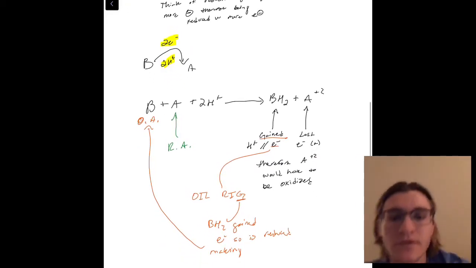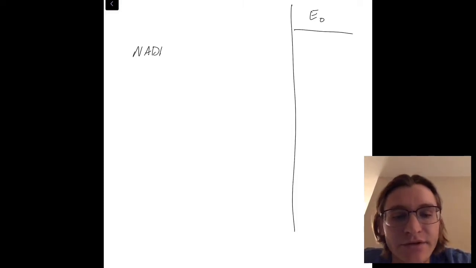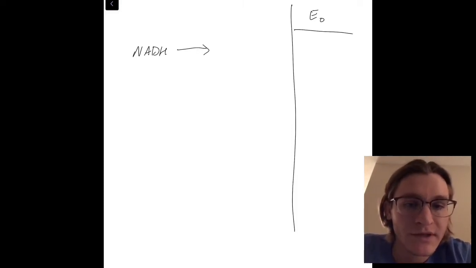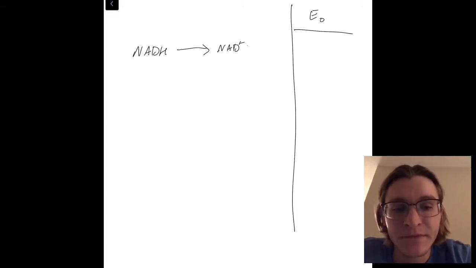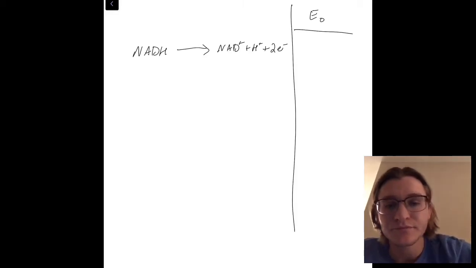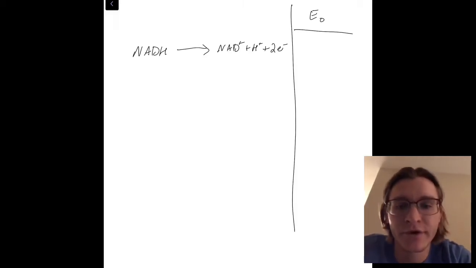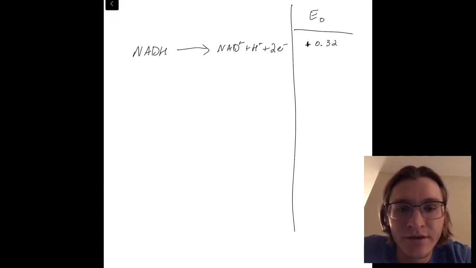Cool. Now let's do a more serious problem. Usually the E0 is theoretical. It's found in a table, and it's given to us in the majority of problems. The only time it won't be given is if they give you the same reaction and we must flip it to find the redox potential. This is a very popular reaction, and it happens a lot in the electron transport chain.